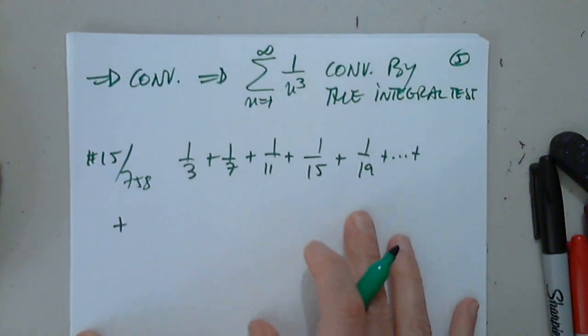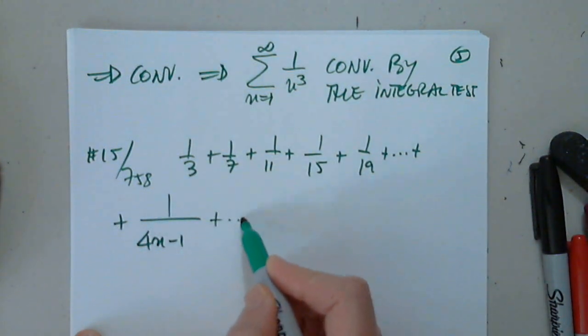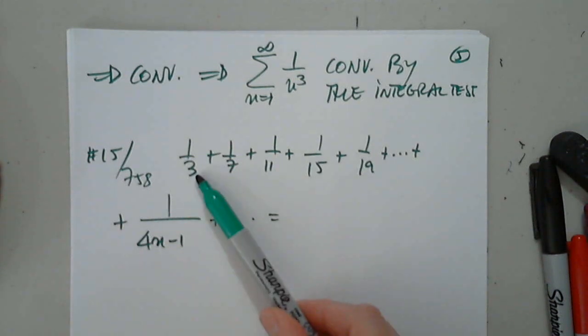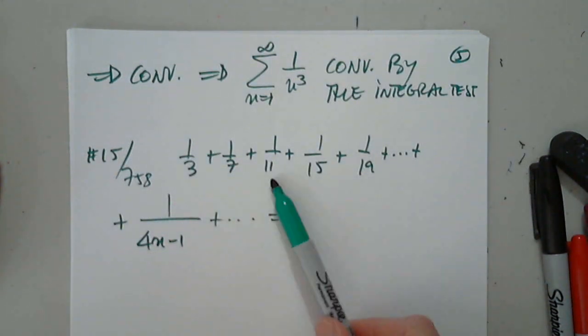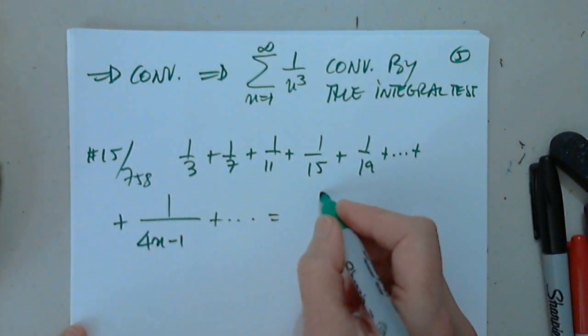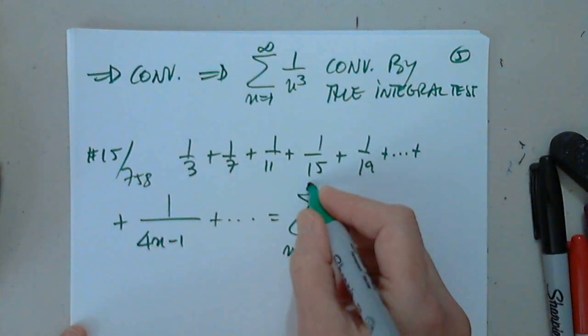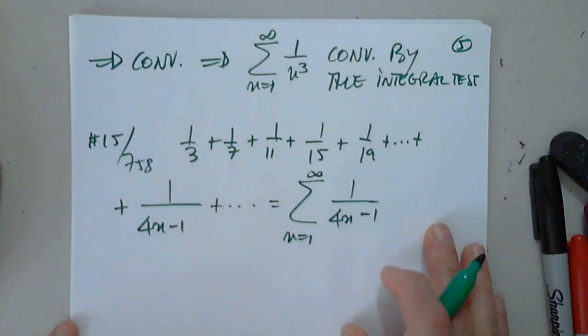So it appears that this is something like 4n minus 1. So when n is 1, I get 3. When n is 2, I get 7. When n is 3, I get 11, and so on and so forth. So therefore, this is the sum from n equals 1 to infinity of 1 over 4n minus 1.